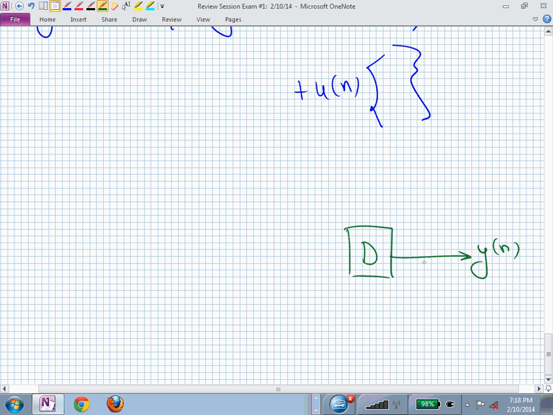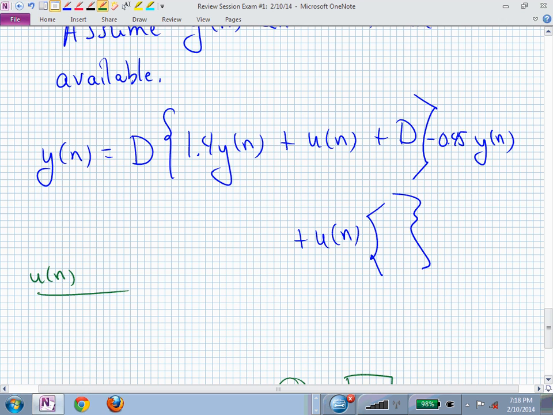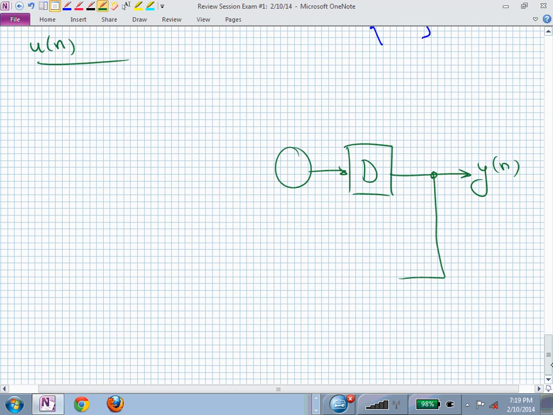And I have access to y of n, and I also have access to u of n. And what do I have coming out of that delay block? Well, the input to that delay block is in this curly brace. It's 1.4 y of n. So I come here and I go, oh, I need to scale y of n by 1.4.